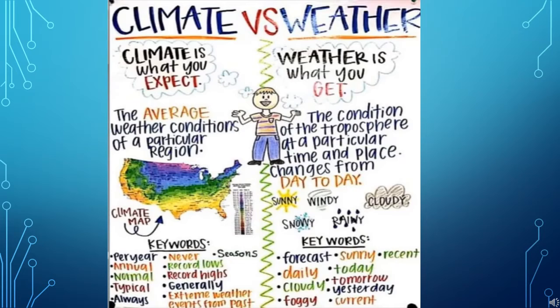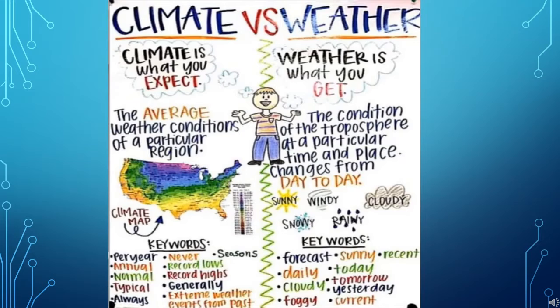The average weather conditions of a particular region depend on the noting of almost 30 years, whereas the condition of the troposphere at a particular time and place changes from day to day. It may be sunny, windy, cloudy, snowy, or rainy.